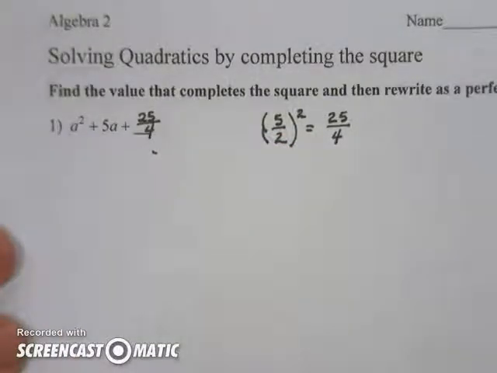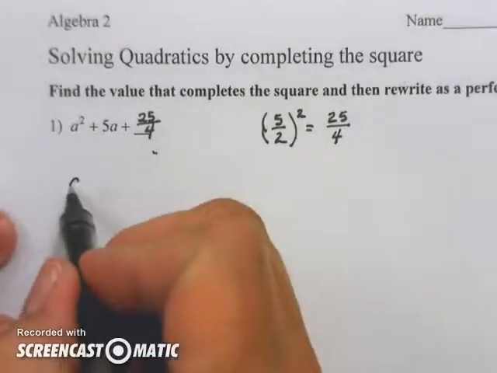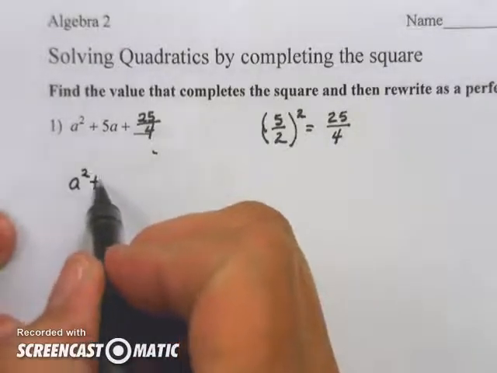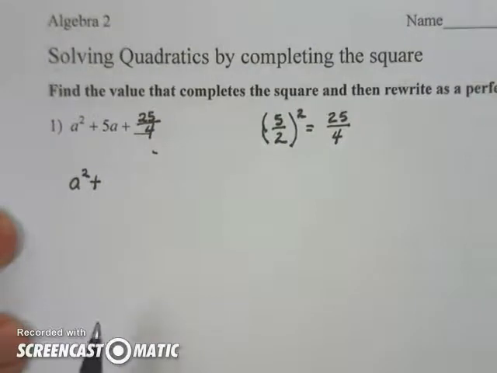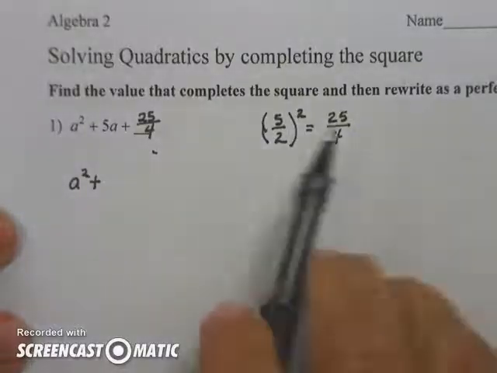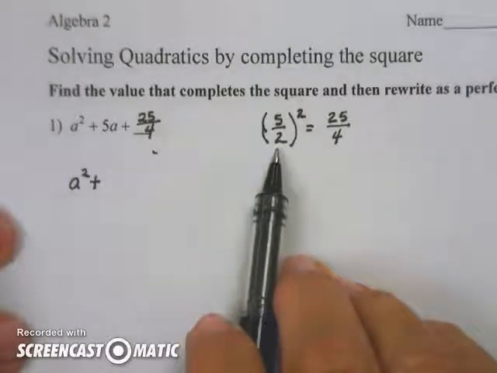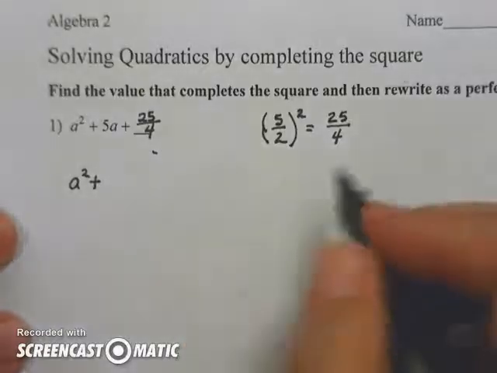Now to factor it. You'll notice that there's a pattern with these that works every time. But today I will show you using the distributive property. A squared plus. Now I need two numbers that add to give me 5, but multiply to give me 25 fourths. You'll notice that 5 halves plus 5 halves gives me 5.